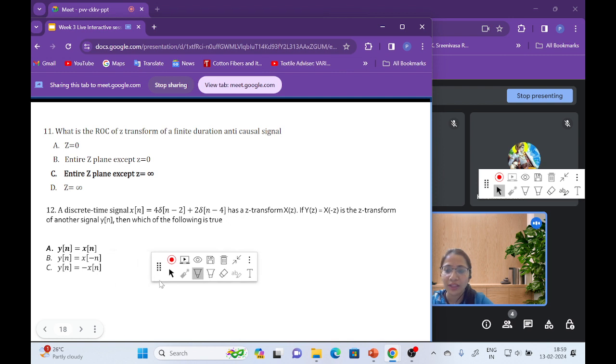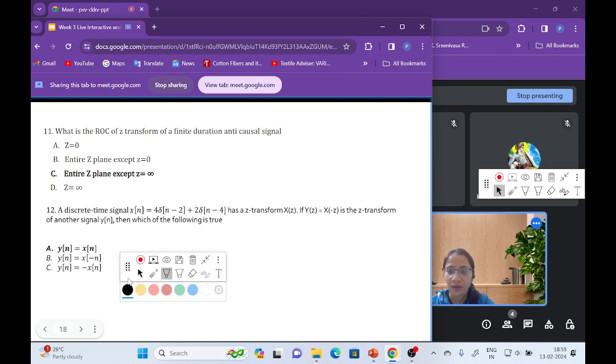Okay. So the next question is, these are the basic questions based on the properties of a Z transform and ROC. So I think you can answer these questions as well. This is a theoretical type question. So what is the ROC of Z transform of a finite duration anti-causal signal? I already recapitulated these points in the previous slides, and you have also gone through the video lectures. So can anyone answer these questions? These are the basic questions.